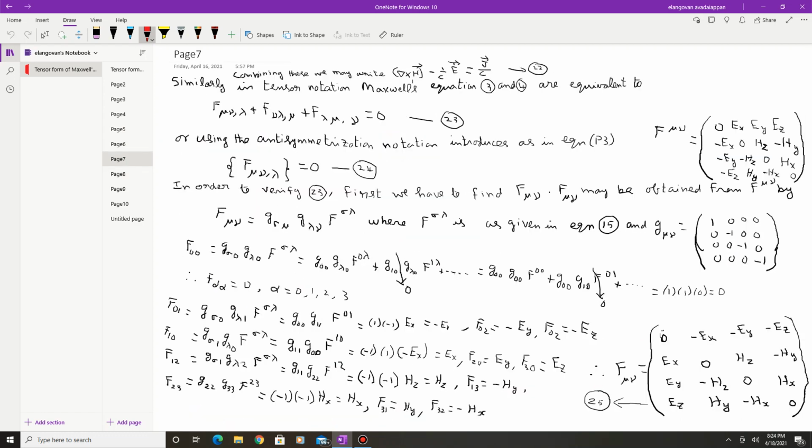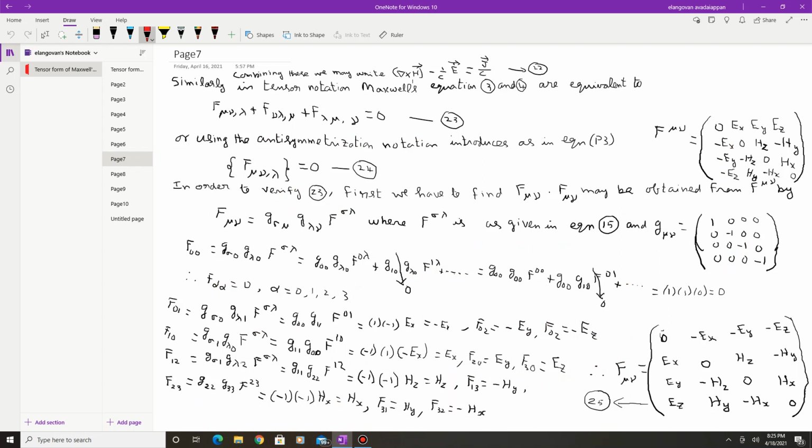Then similarly, if you substitute the other values, you can get the y component of Maxwell's equation 1, and also the z component of Maxwell's equation 1. So if you substitute the other values of mu and nu, you will get the y and z components of Maxwell's equation 1.